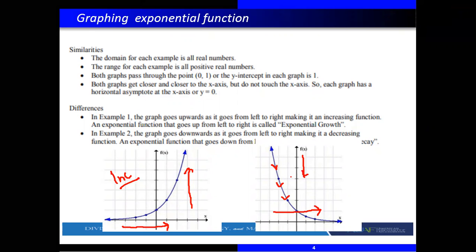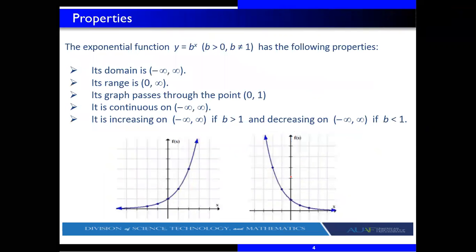Now, the general properties and characteristics of the exponential function. The domain is from minus infinity to plus infinity. The range is always a positive value, 0 to plus infinity, but 0 is not included. Its graph passes through 0 and 1.